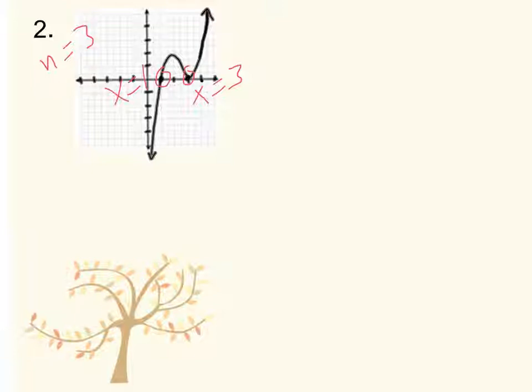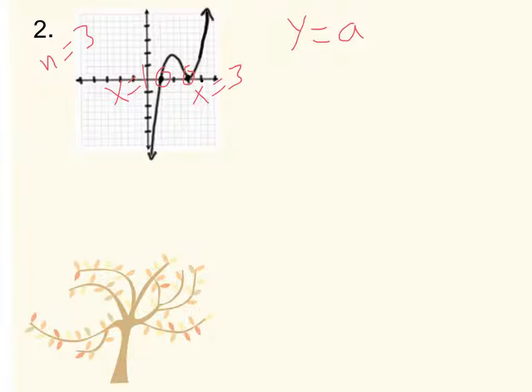And one thing I do notice here is it does not have a y-intercept clearly marked, which could be a bit of an issue. But we'll deal with that when we get to it. Right now, let's jump to the equation using the factors. I still have to worry about that leading coefficient a, which again controls the shape of the graph, whether it's a really skinny cubic or a really wide graph.